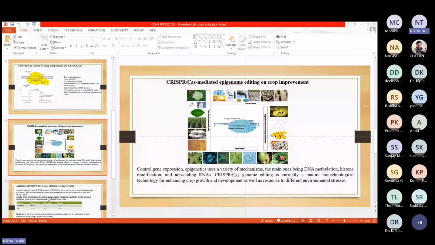CRISPR-Cas genome editing is currently a mature biotechnological technique for enhancing crop growth and development, and the response to different environmental stress. These stresses are abiotic stress, biotic stress, and yield of plants, etc.